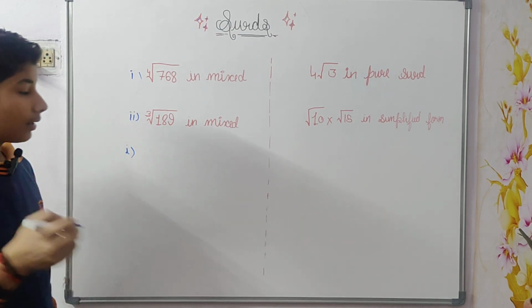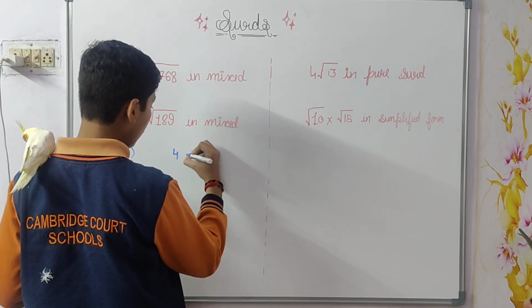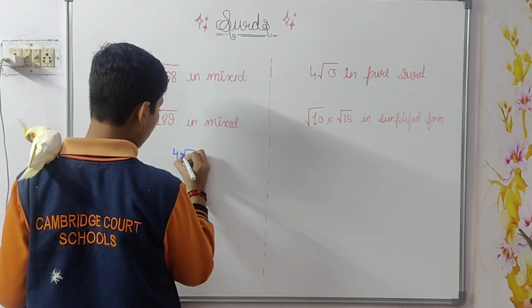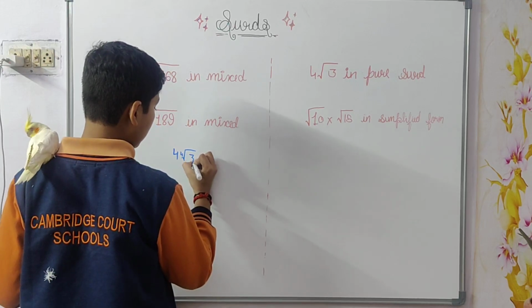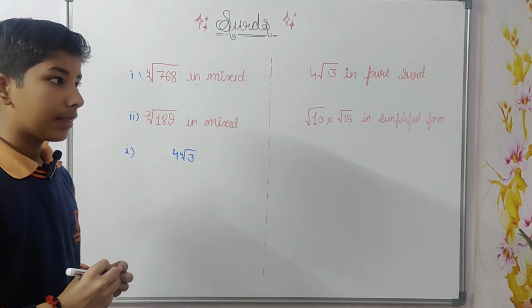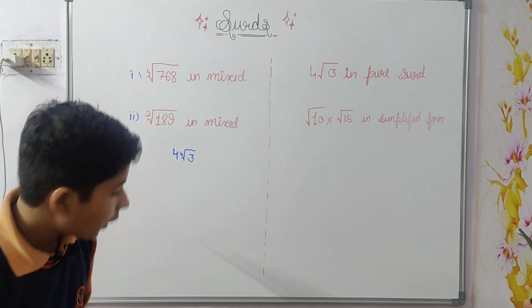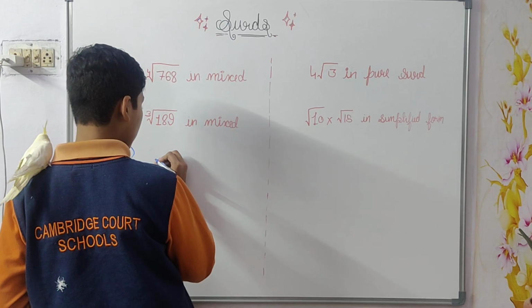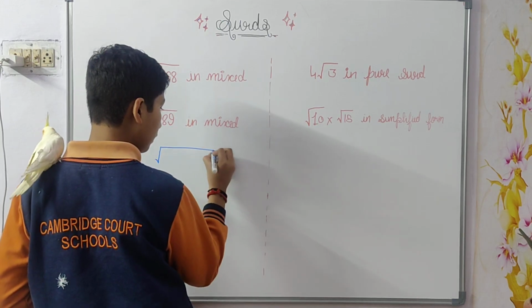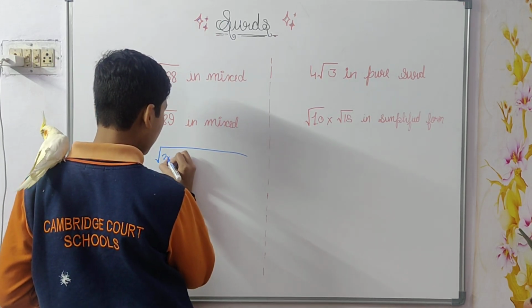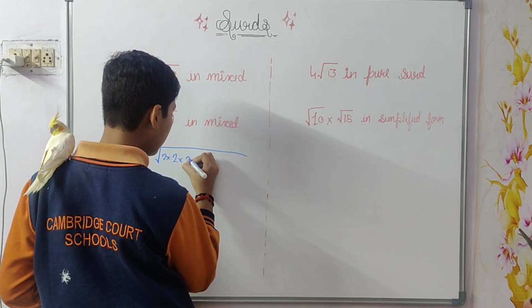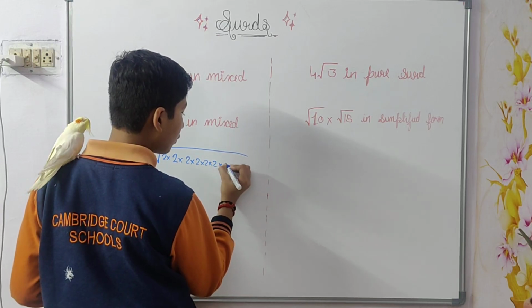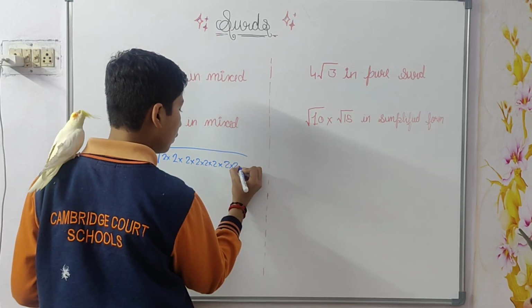We will write it as 4 into 4th root of 3. This will be our answer. Why? Because as you all know, in the root there were eight 2s: 2 into 2 into 2 into 2 into 2 into 2 into 2 and at last into 2.